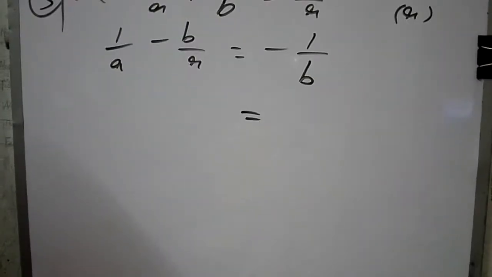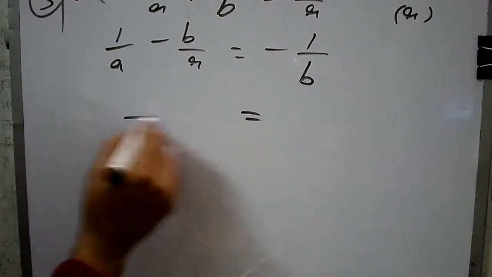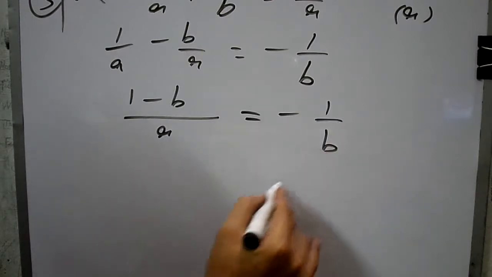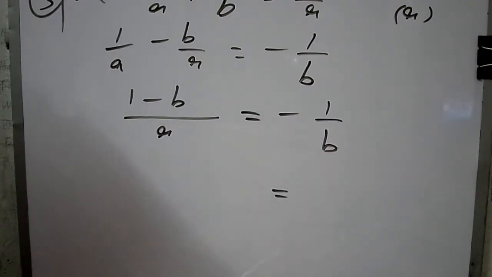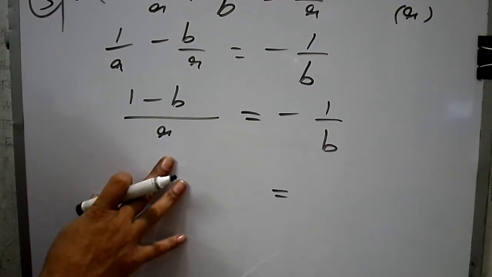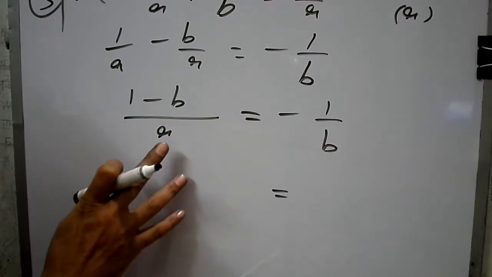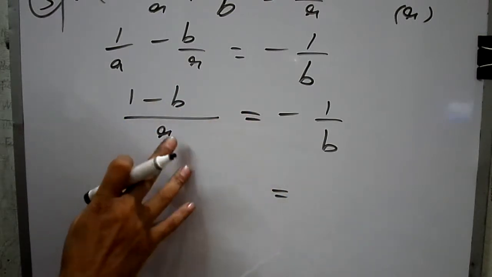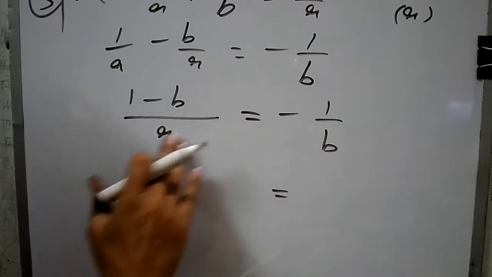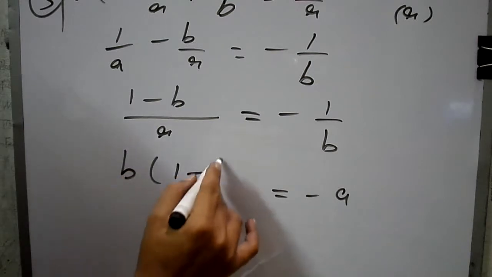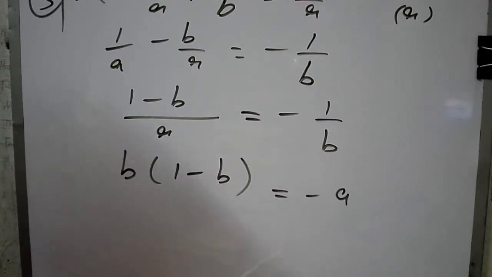Now coming to the second step, taking LCM. A is your LCM, so 1 minus b is equal to minus 1 by b. But you need the value of a. What should you do? First of all, you should leave this here and use cross multiplication for the remaining thing, or otherwise you should directly use cross multiplication. You can write as, for example, minus a, and this will be multiplied by b by using cross multiplication.